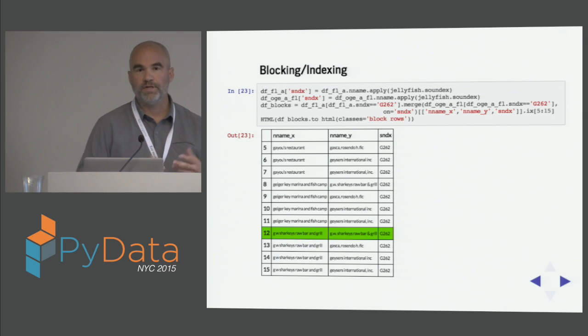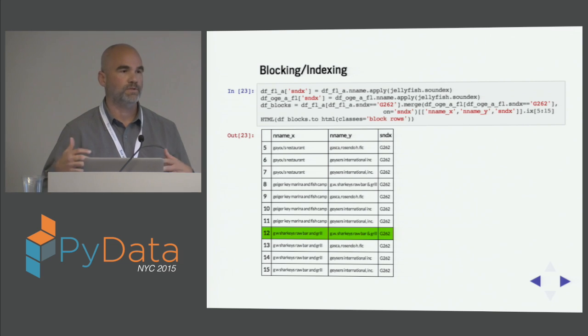I mentioned earlier that in this pairwise matching approach, you're conceptually looking at every possible pair. In practice, you can't always do that. Even in our relatively small data sets here, we've got around 800 or 900 million record pairs. So you do this process of blocking, which means doing some sort of pre-clustering to eliminate all of the obvious non-matches.